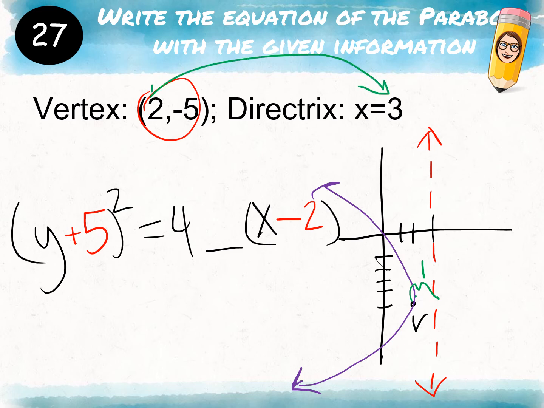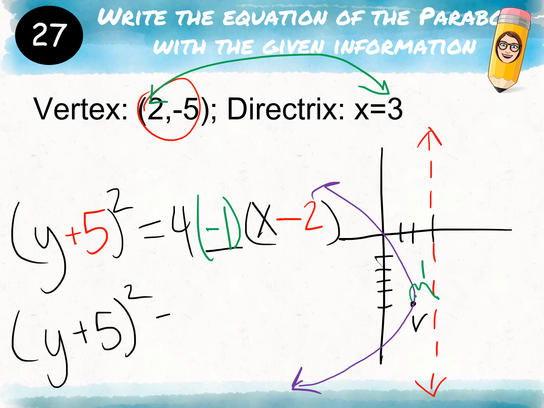The x values have a distance of 1. It's opening up to the left, which means -1. Let's tidy that up. If I multiply that, I've got a -4. So whether I give you the vertex or the directrix, whether I give you the focus or the directrix, you'll find your p-value.